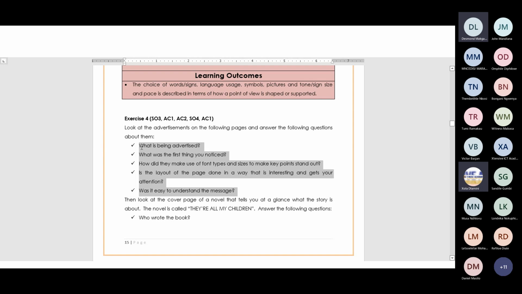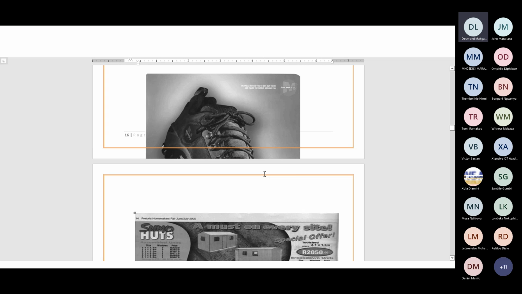What is being advertised? You can answer me as well if you guys have a better description of what sumo is. Is sumo the name of the company or is it a type of hat? What is being advertised? What is the first thing you noticed? What did they do interestingly on the advert that gets your attention? Was it easy to get what they're advertising here?